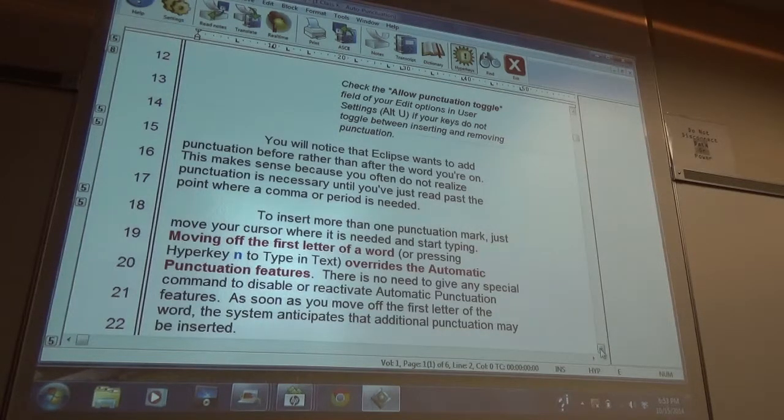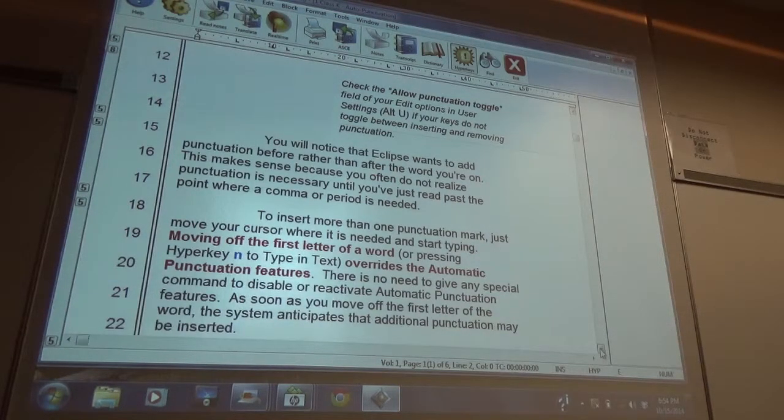Okay, here it's talking about how you will notice that Eclipse wants to add punctuation after the word rather than before it. So it's going to do it behind the word. If your cursor is on the word and you push a comma, it's going to know to put the comma behind the word, not in front of the next word or in front of that word. So it always does it behind it, okay? This makes sense because you often do not realize punctuation is necessary until you've already read past the point where the comma or the period is needed.